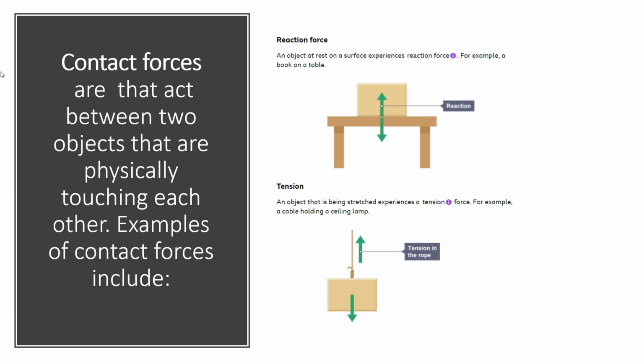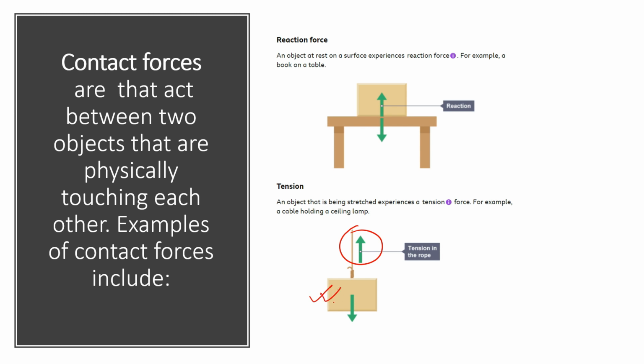Now tension. Second, tension: an object that is being stretched experiences a tension force. For example, a cable holding a ceiling lamp. In your house, if you have a chandelier, it is hung by some kind of rope from the ceiling, and there is a force exerted back through that rope. That is called tension.